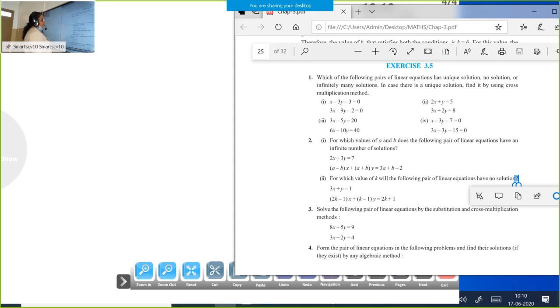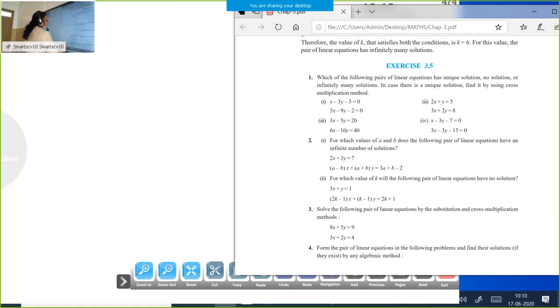For which value of k will the following pair of linear equations have no solution? Here 3x plus y equal to 1 and 2k minus 1 times x plus k minus 1 times y is equal to 2k plus 1.